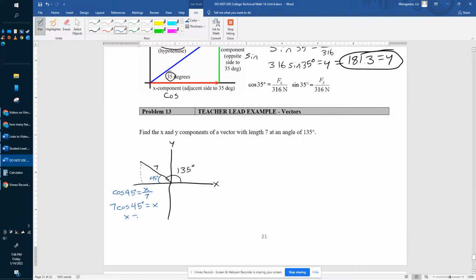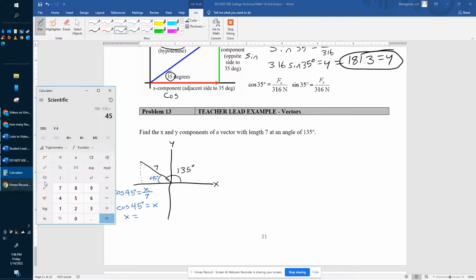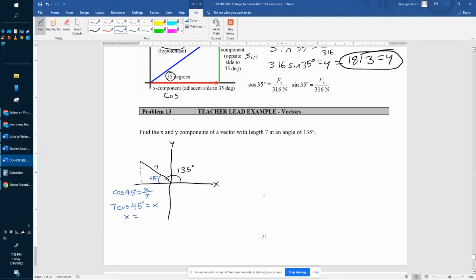So x equals about 4.9. Now we have to use logic here. On our xy axis, we are to the left of the y-axis, which means our x is in negative territory. This x is negative.